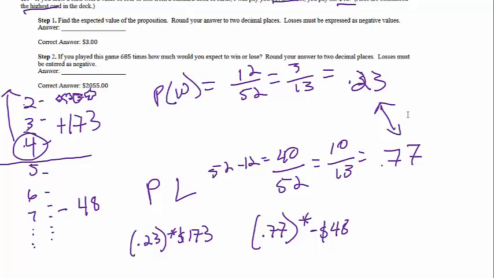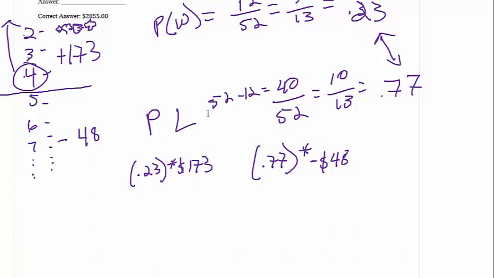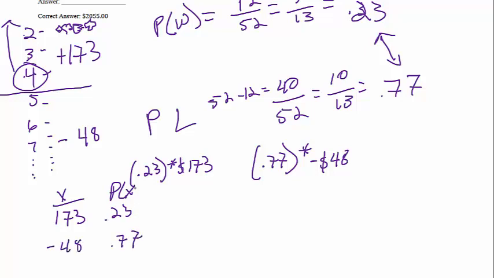And so what we end up having here is nothing more than a simple weighted average. 173 times 0.23. This is my x. This is my probability of x. And negative 48 times 0.77. Let me close that out. And what does that equal to?